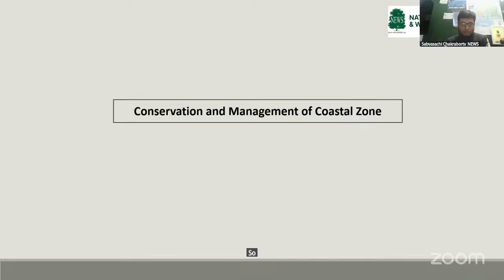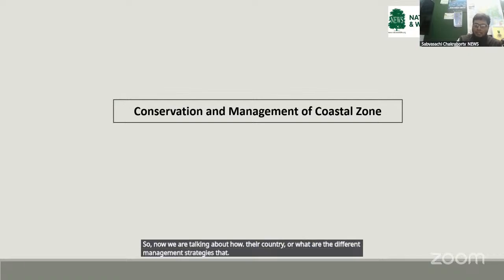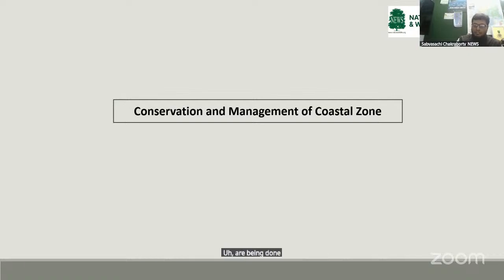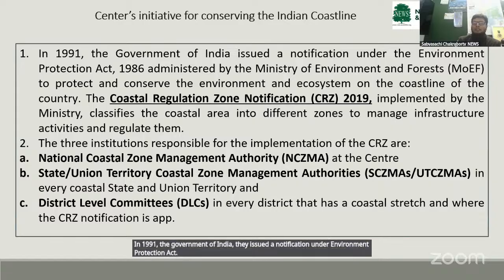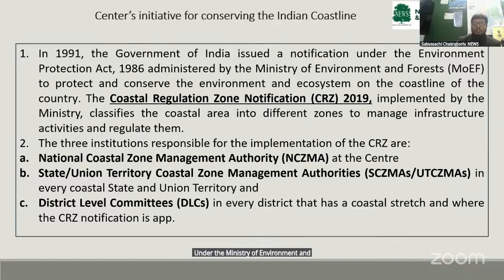So now I'll talk about what are the different management strategies being followed in the country for protecting this very important habitat. First of all, the Centre's initiative for conserving the Indian coastline. In 1991, the Government of India issued a notification under the Environment Protection Act, under the Ministry of Environment and Forest, to protect and conserve the environment and ecosystem of the coastline.